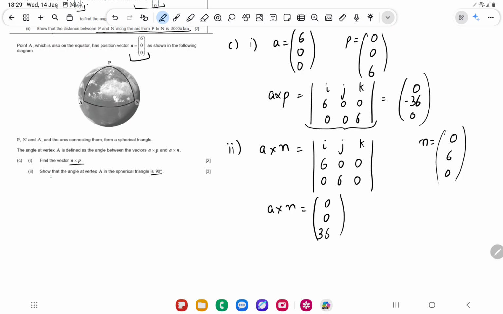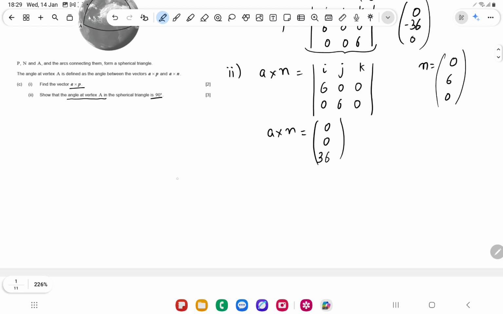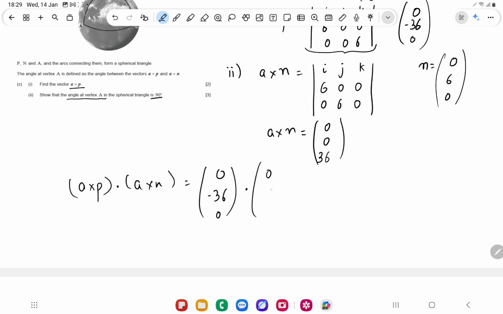Now since we have to show that the angle at the vertex A is 90 degrees, we now have to take the dot product. How will I take the dot product? A cross P dot A cross N. So I will write the vectors again: (0, 36, 0), this was the result which I got earlier, dot product with (0, 0, 36), which is my A cross N. When you solve, you will get 0 as your final answer.